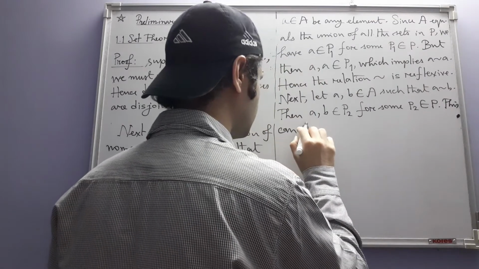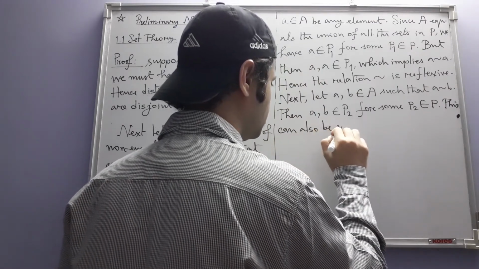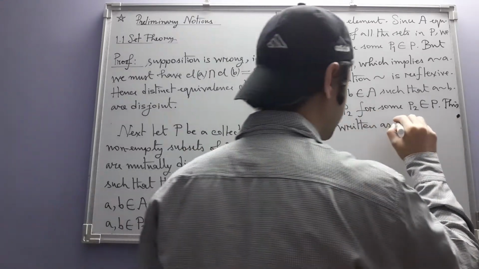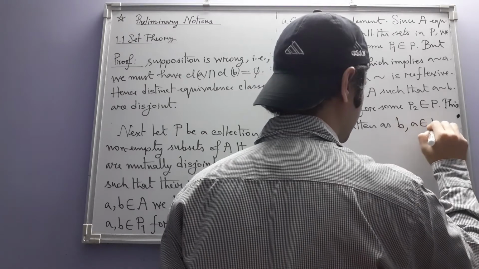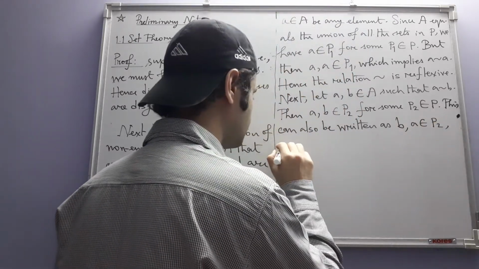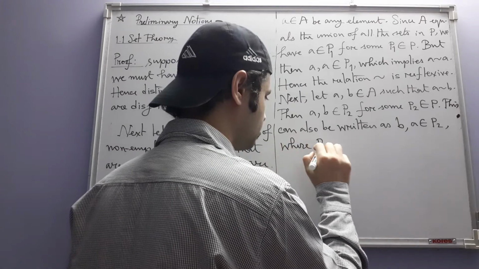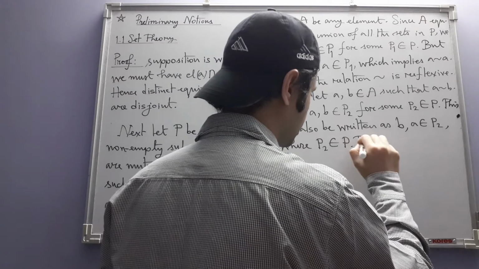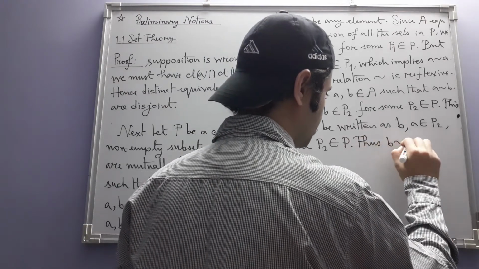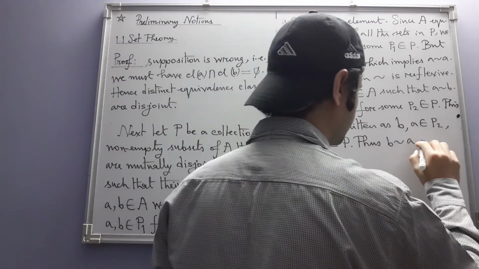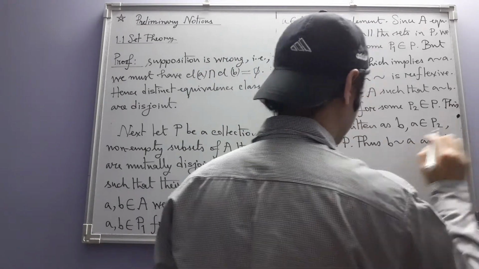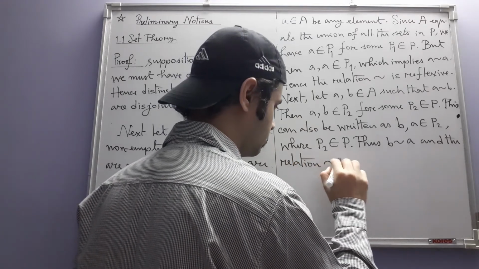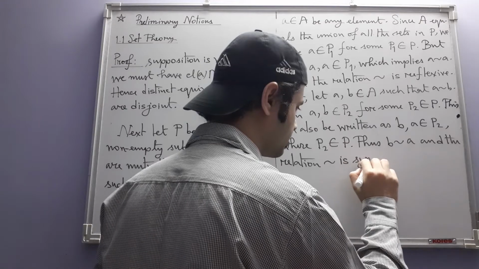This can also be written like this: b and a belong to P2, where P2 is an element in P. Thus, b is related to a, and the relation is symmetric.